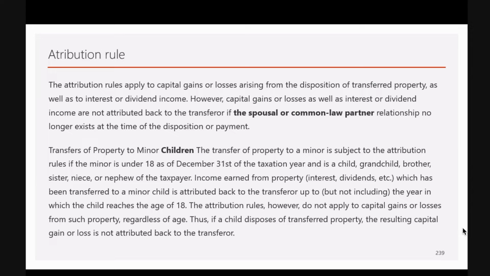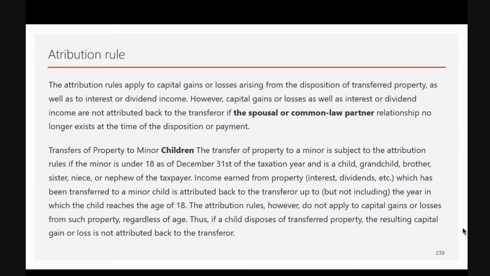However, capital gain or loss, as well as interest and dividend income, are not attributed back if the spouses or common law partners' relationship no longer existed at the time of disposition or payment.